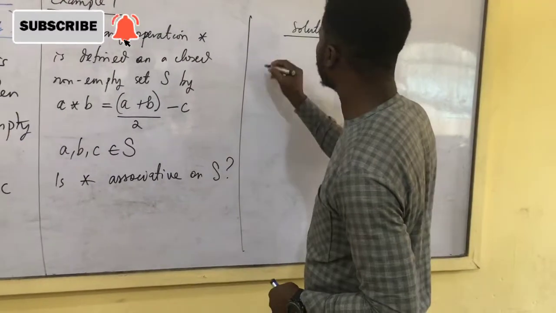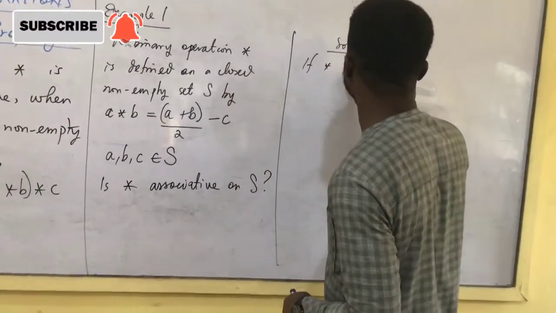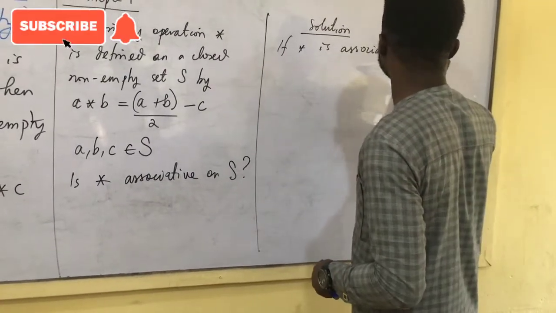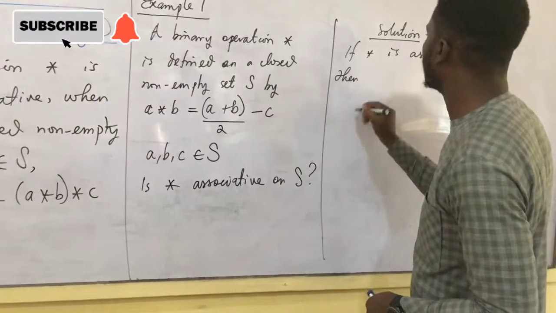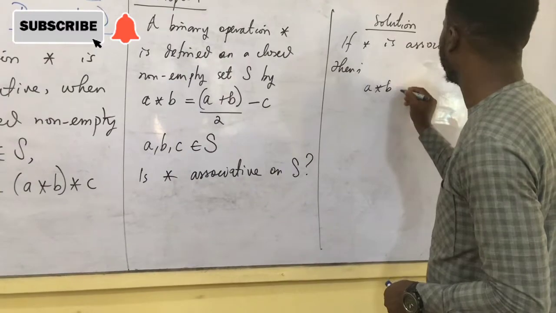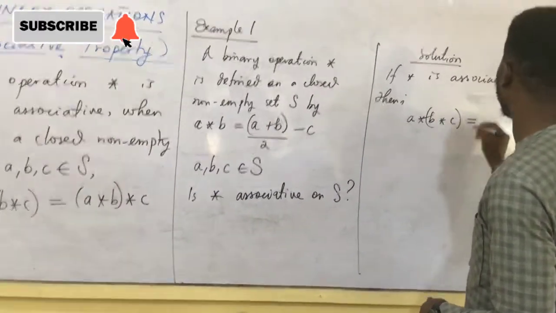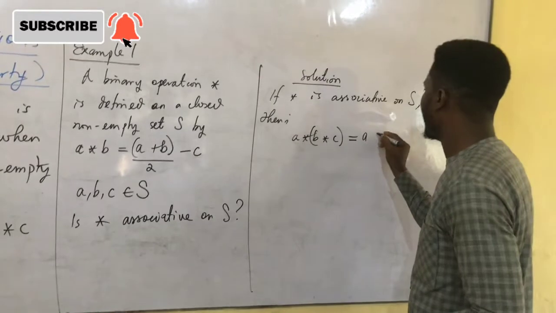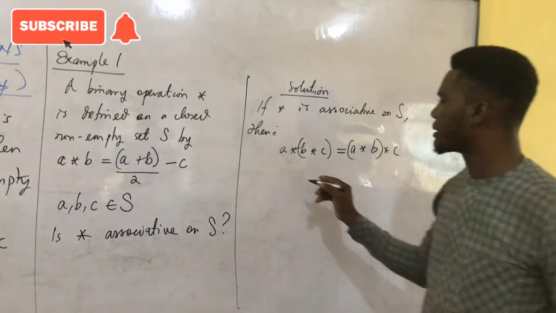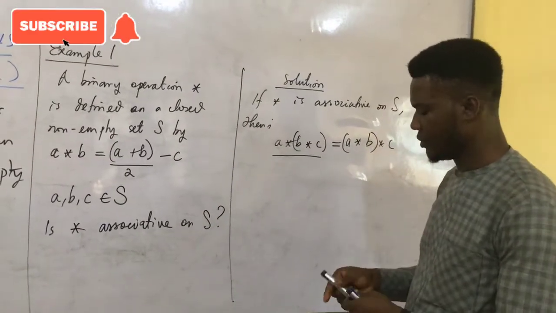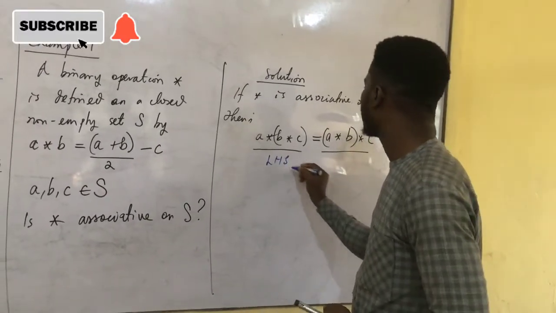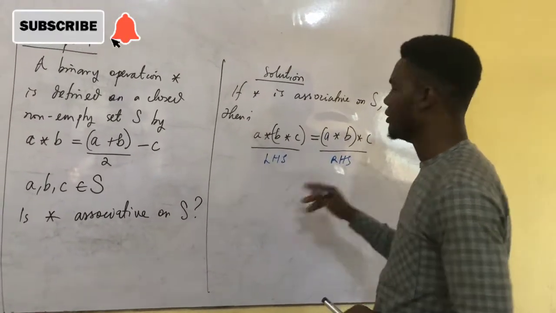So I'm going to start with stating that if asterisk is associative on S, then the condition earlier stated means that (A asterisk B) asterisk C must be equal to A asterisk (B asterisk C) in that order. So I'm going to start this clearly. I'm going to have to pick one side. So this is my left hand side and this is my right hand side of the equation.